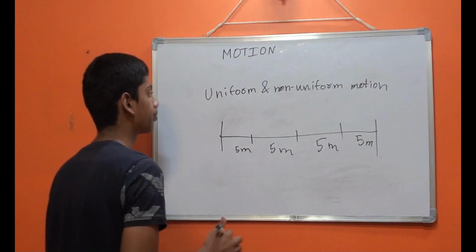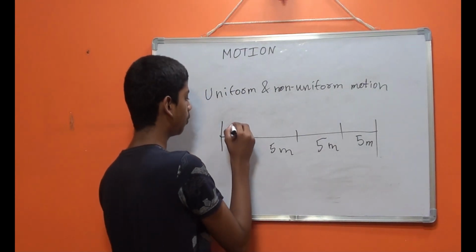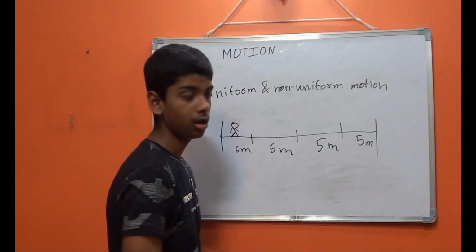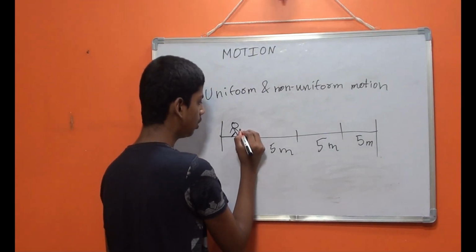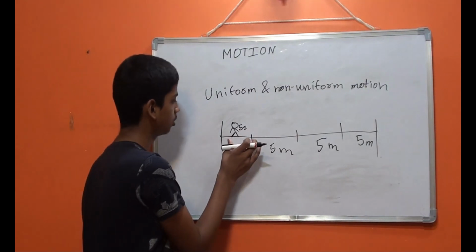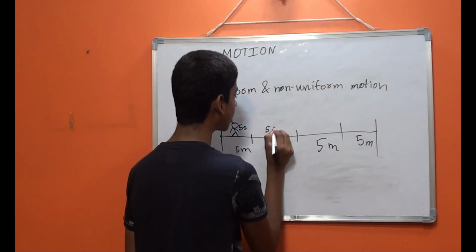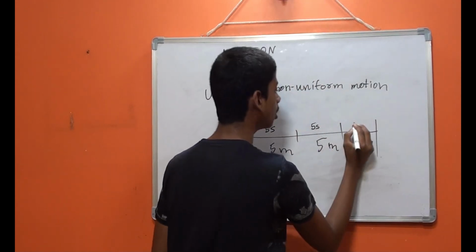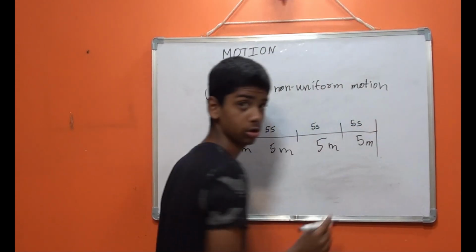Now there is a person going on this road. He took 5 seconds to cross this part. He took 5 seconds again to cross this part. He took again 5 seconds to cross this part, and the same in this part also.